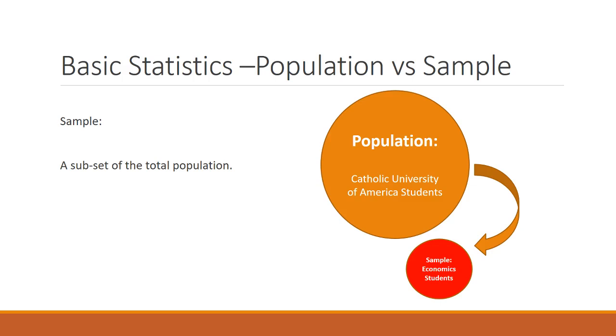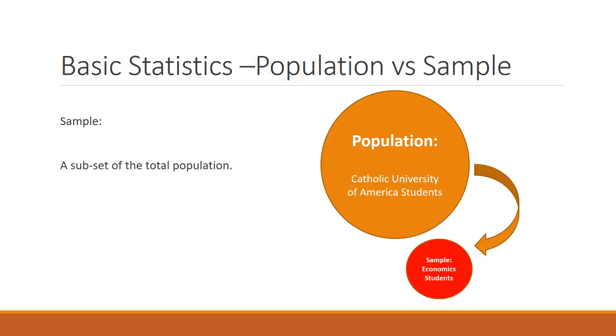So in our example, we've got Catholic University of America students as our population, and the sample is, let's say, economics students. So we survey the economics students. We have a population, and we use our sample to study the population. We collect data on a sample, some subset of the population.